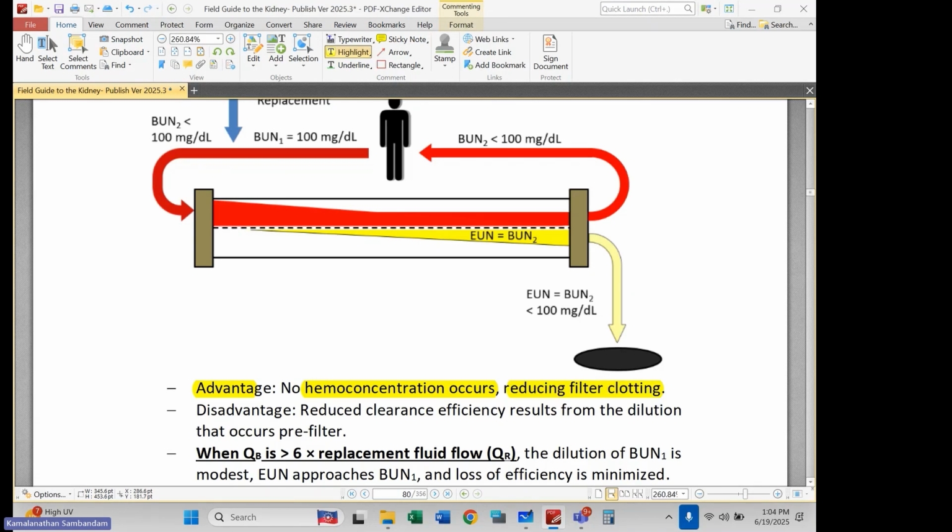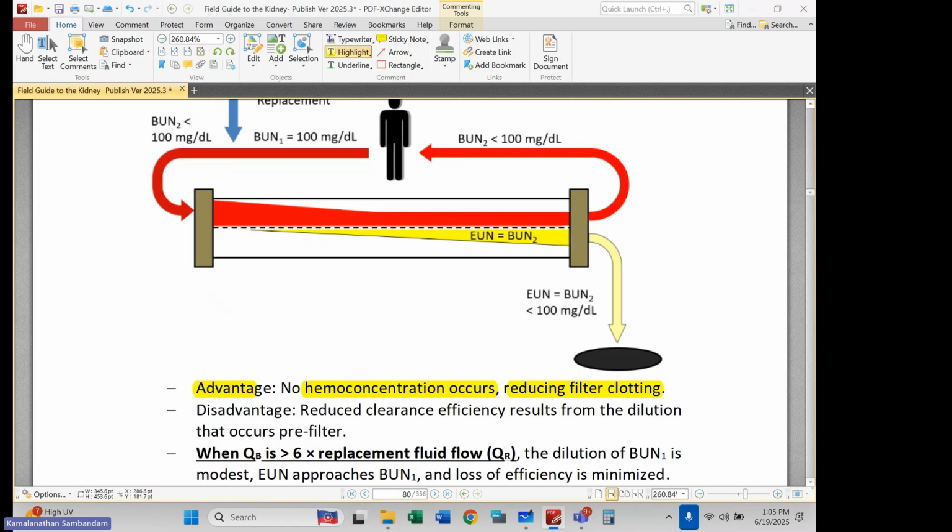I will tell you my experience is adding more pre-filter fluid has minimal effect on clotting risk. I don't typically use that as a major means to reduce clotting in my patients. Usually I find it's no better.